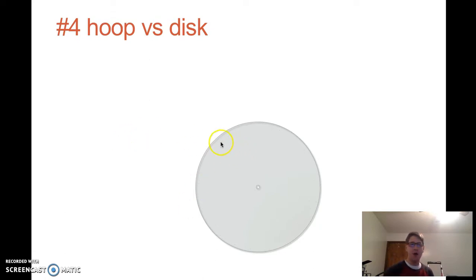So not all of the mass is out here at its maximum radius. Some of the mass is closer to the middle. And so a disc ends up having a smaller moment of inertia than a hoop does because its mass is more spread out, closer to the center.